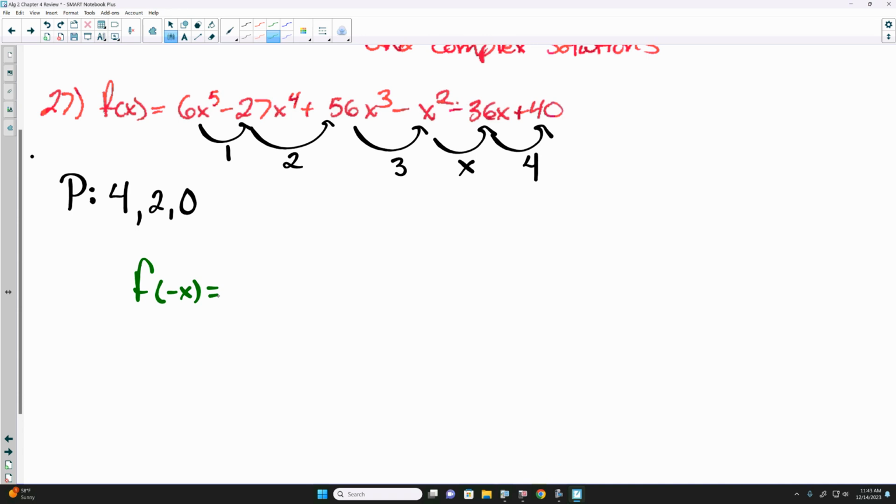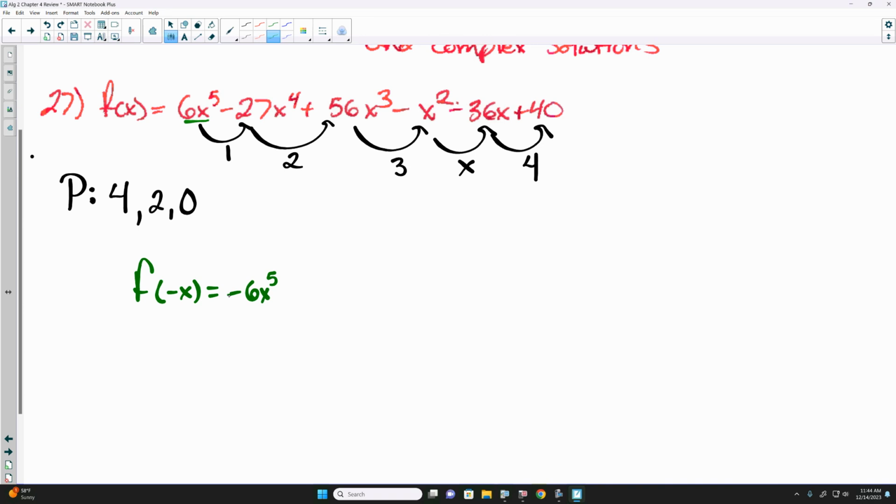If it's even, keep the sign the same. So our first one is 6x to the fifth. The fifth power is even or odd? Odd. 5's odd, so since it's an odd power, we change the sign. It was positive, so it's now going to be negative.